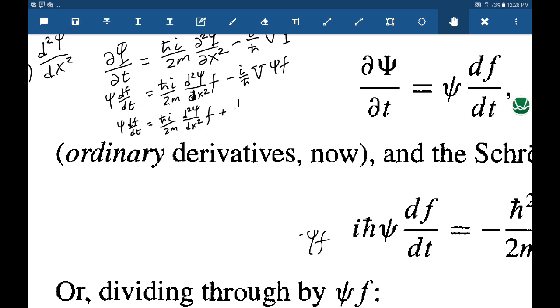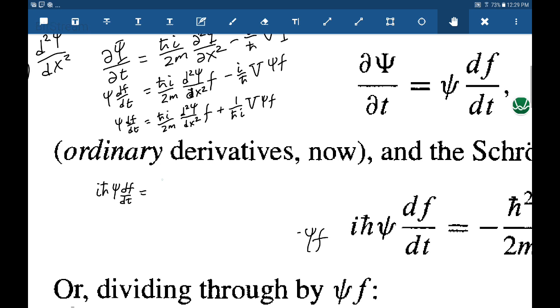I could say plus 1 over h bar over i. And then if I multiply everything by h bar times i, whatever I do to one side, I have to do to everything on each side of the equation. So I gotta multiply everything by h bar times i.